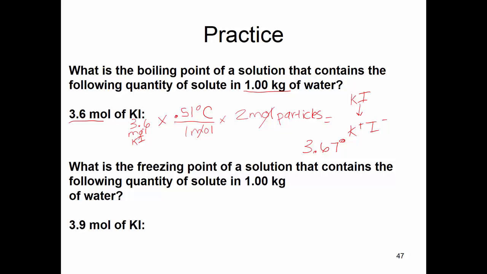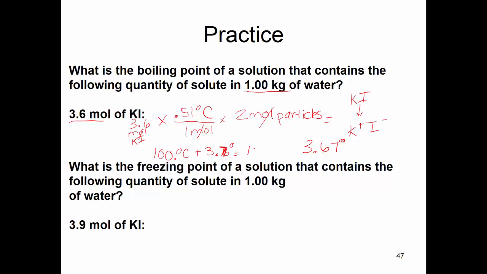So we know that the boiling point of water is normally 100 degrees C, and with 3.6 moles of KI, it's raised by, we'll round that to 3.7 degrees.